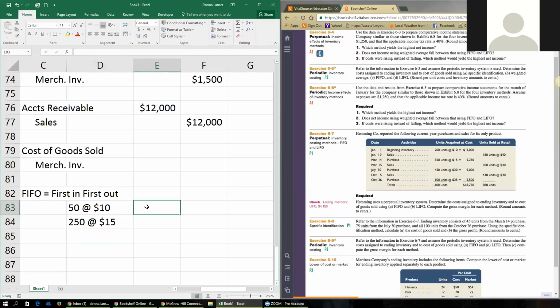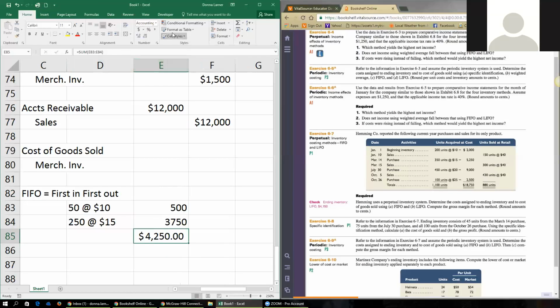Oh, gotcha. Okay. So if we do 50 times 10 and 250 times 15 and add them up, we're going to say that that was a total of $4,250, if we do it FIFO.